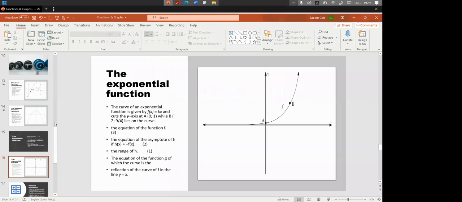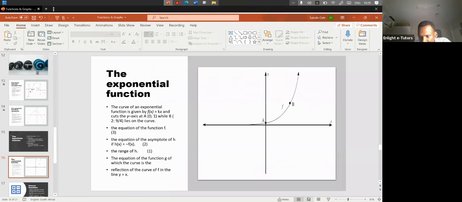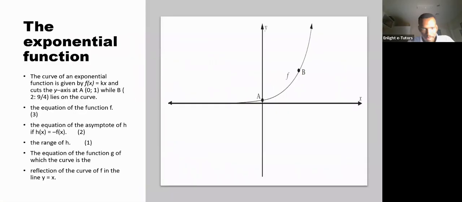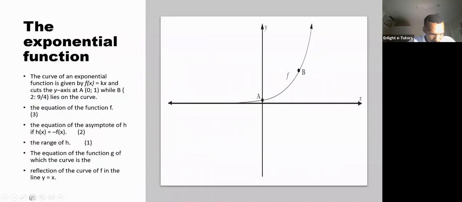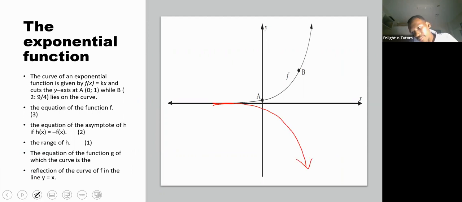Okay, let me just try and draw it for you so you can see. The new graph will be like this now. Sorry, it started on the x-axis, so it will be like this. This will be the new graph.